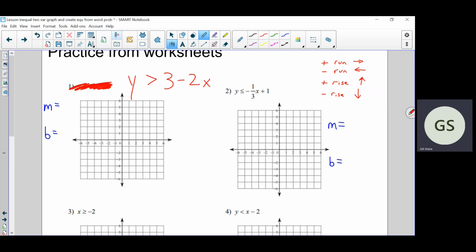The only time you don't have to shade is if it's an equal sign, just an equal sign. If it's any of those other four symbols, less than, greater than, greater than or equal to, less than or equal to, any of those involve shading. Only the equal sign means you just put a line. And you need to know that on your own for the state tests and stuff.